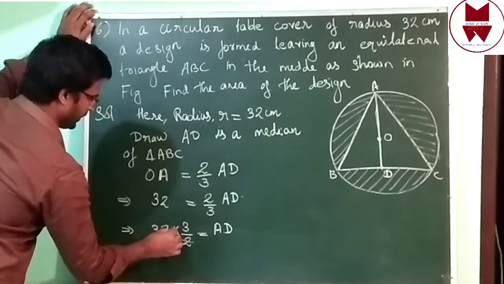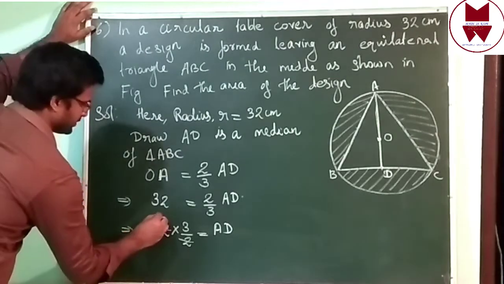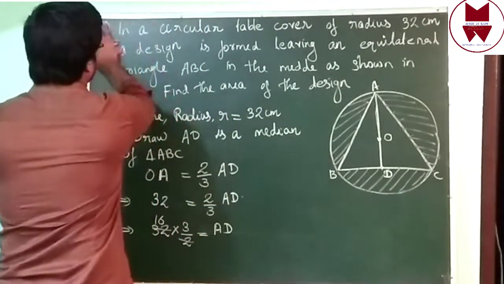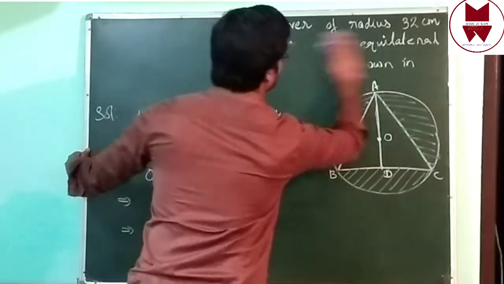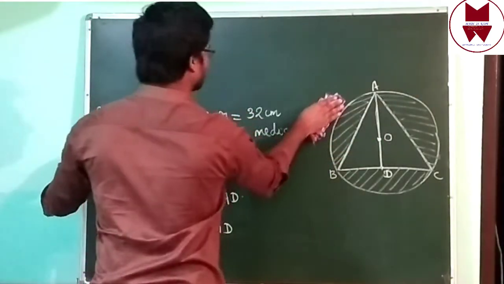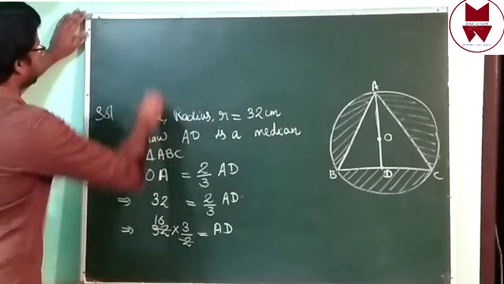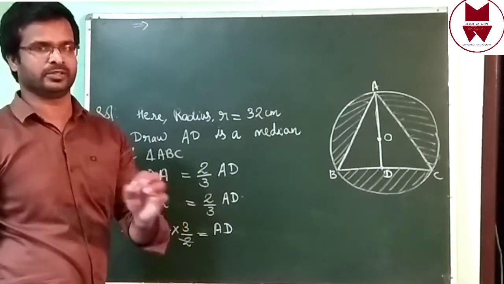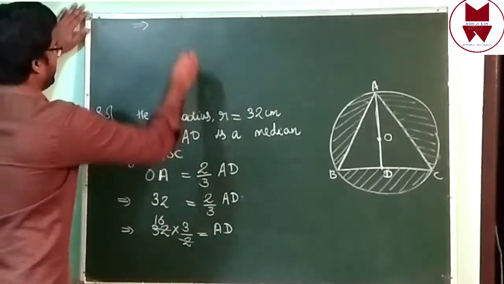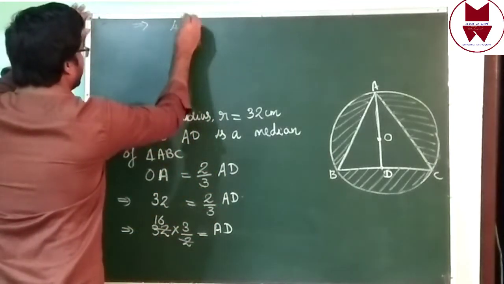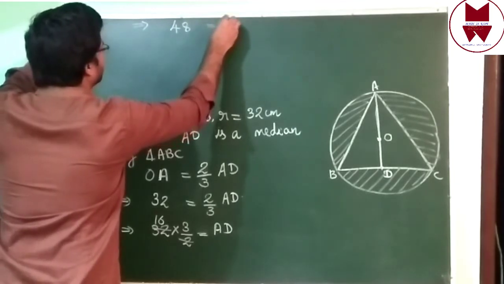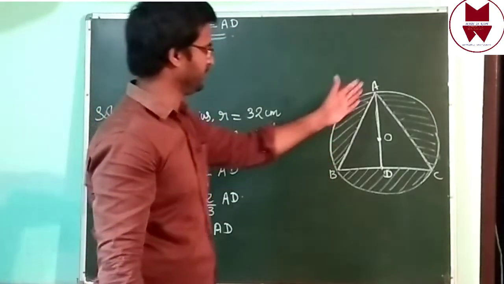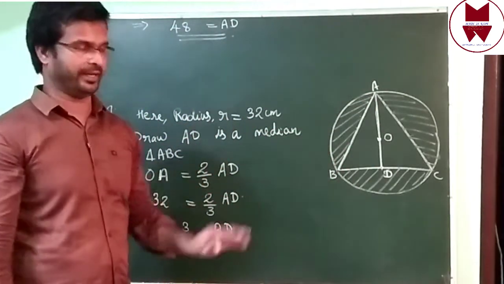Then 2 and 32 cancel, 16 times. 16 into 3 gives 48. Now we have the length of the median: 48.